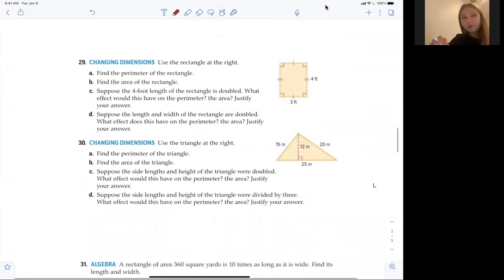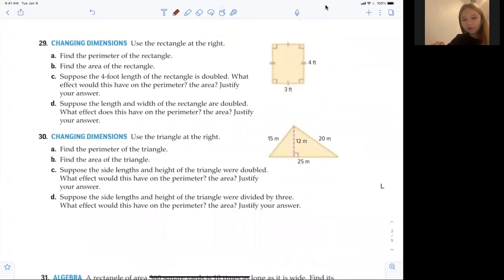Let's look at 29 now. Oh, this is easy. All right, 29. What is the perimeter? 14 what? 14 feet. And the area would be what? 12 what?